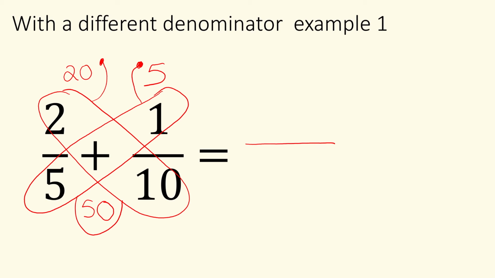So this is the time where we add. So 20 add 5 is 25. And our denominator we did before, so it's 50. You must always simplify. So looking at this, if each of the numbers ends in either 5 or 0, it's divisible by 5.